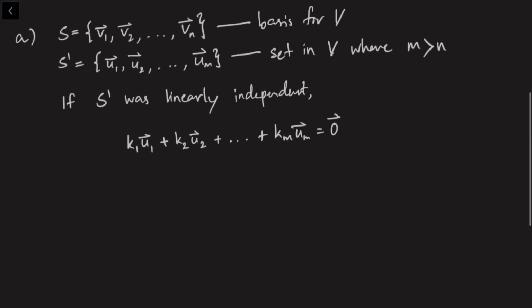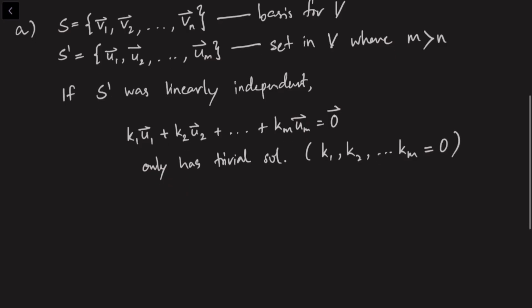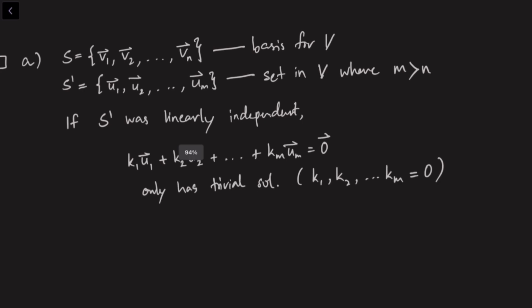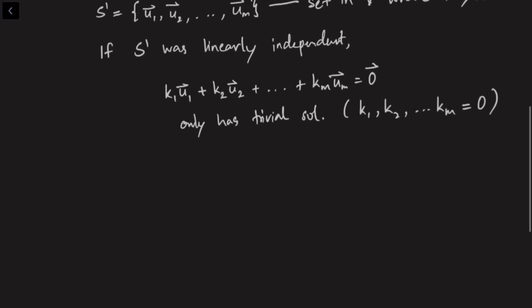This homogeneous equation would only have the trivial solution. What that means is k1, k2, up to km, if we solve for all of those, we'll only have them equal 0 and nothing else. So we have to prove that this is not the case, because S prime will not be linearly independent. It will be linearly dependent.